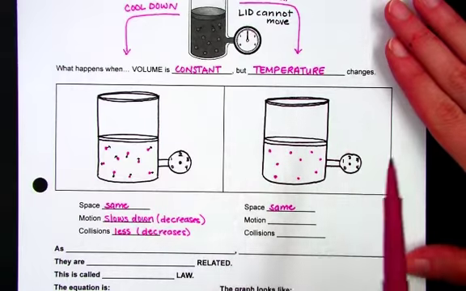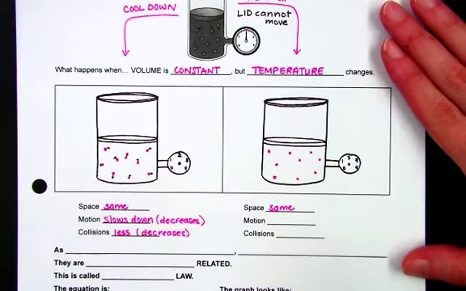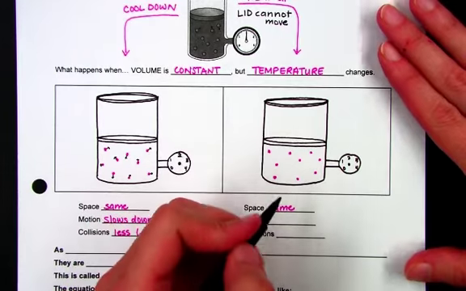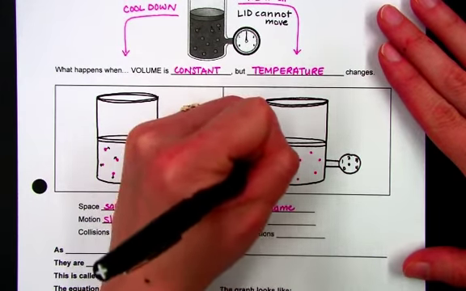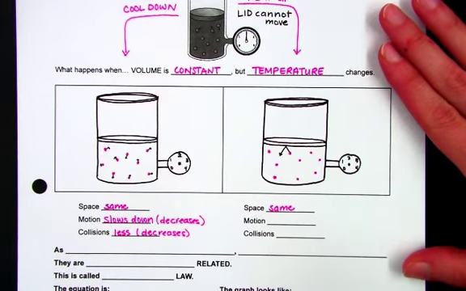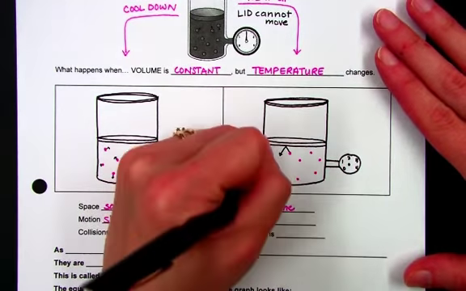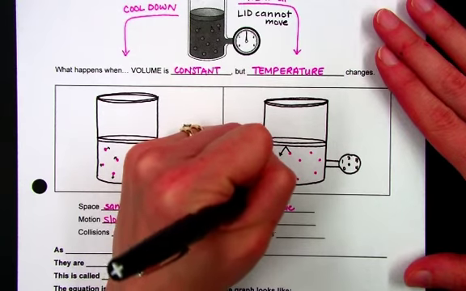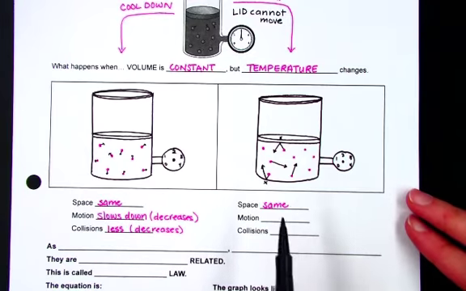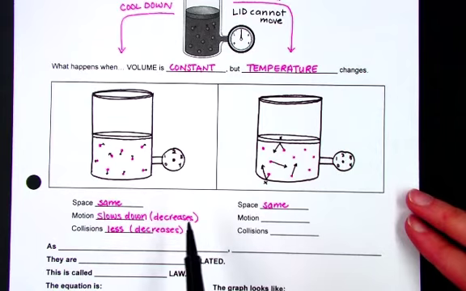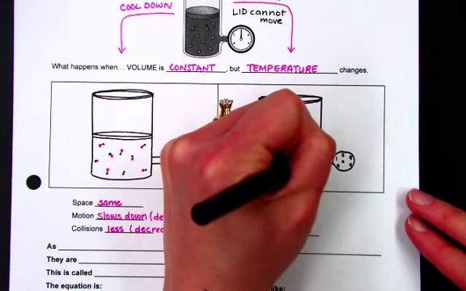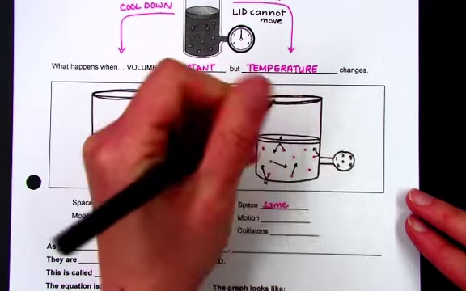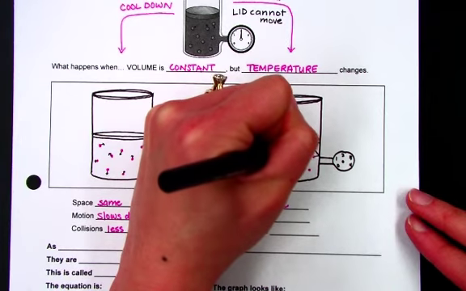On this other hand, if I am heating this up, what length should my arrows be? Super long. And if they're close, what happens if they were to come into contact with the container? They start to bounce and cause collisions. Remember, temperature is a measure of the motion, how fast these particles are going. And so when we draw longer arrows, what we're drawing is that these particles are actually moving a farther distance.